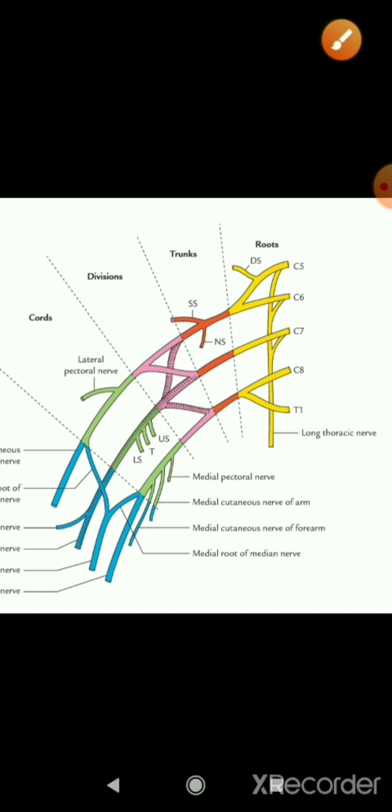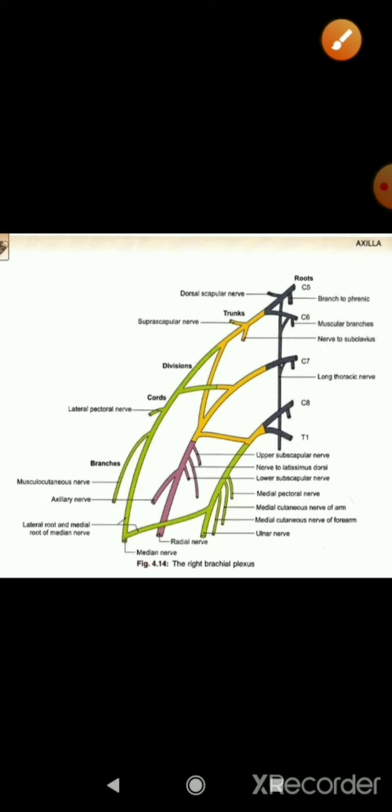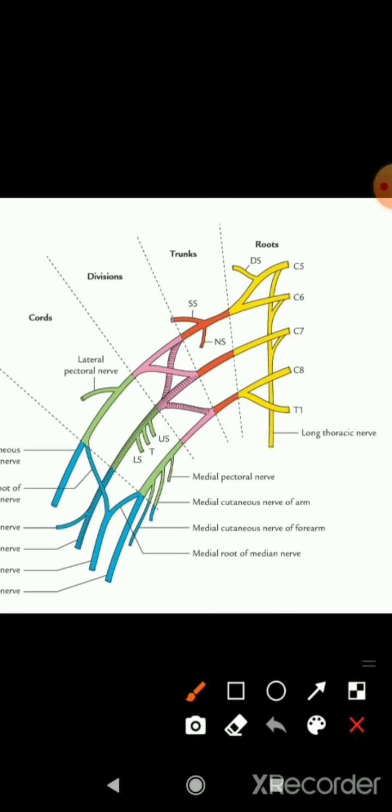So the branches from the posterior cord are upper subscapular, lower subscapular, thoracodorsal nerve, axillary nerve, and the radial nerve.